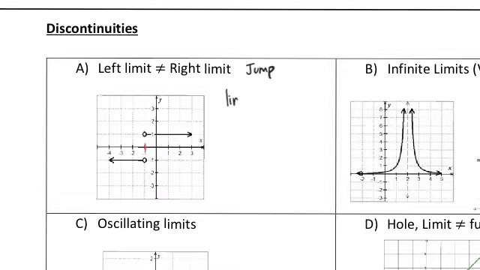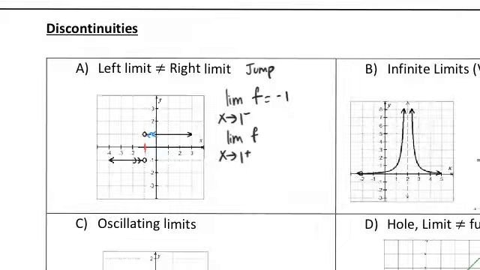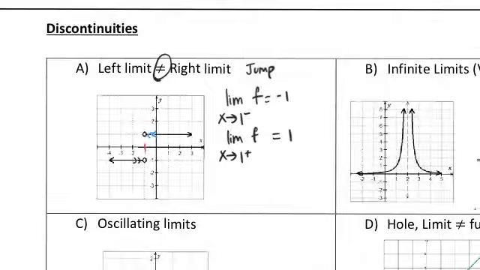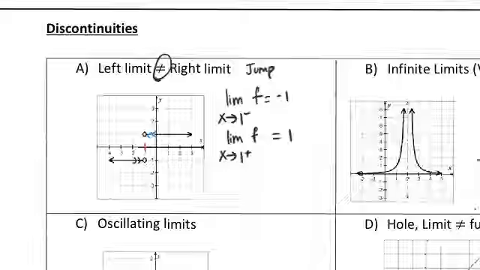And at that spot, we can see that the limit of this function as x approaches -1 from the left, down here, is equal to -1, but the limit of f as x approaches -1 from the right, which would be up here, is +1. And so since the left-sided limit and the right-sided limit are not equal, that creates a jump in the graph, that creates a discontinuity.